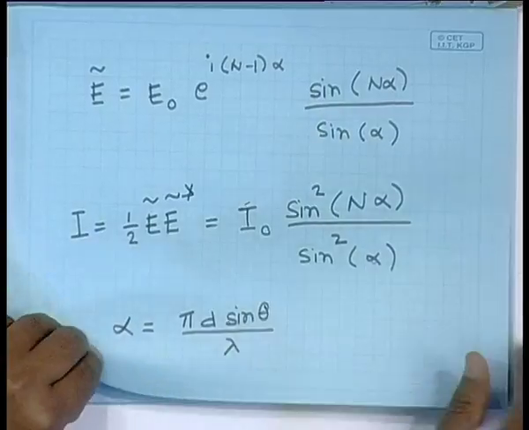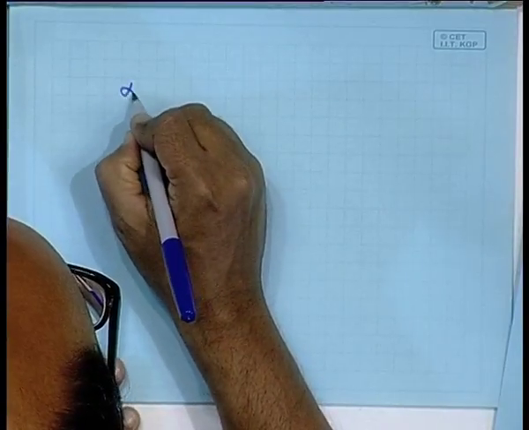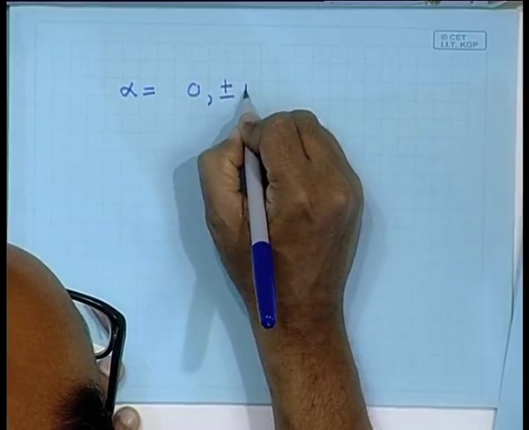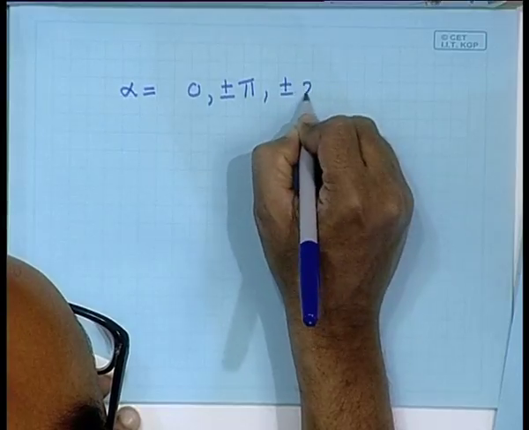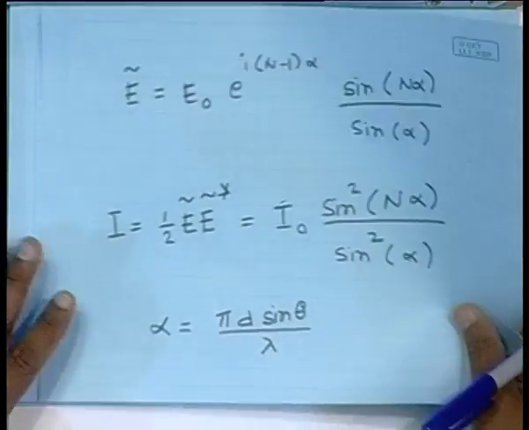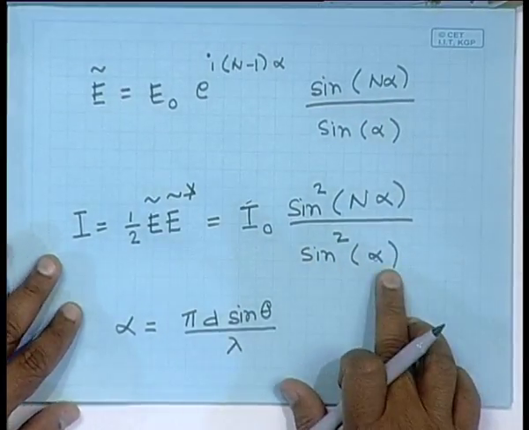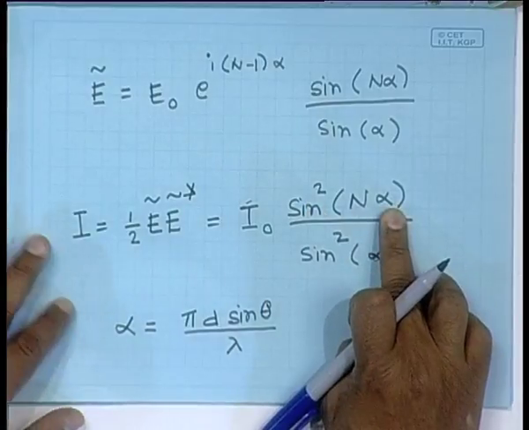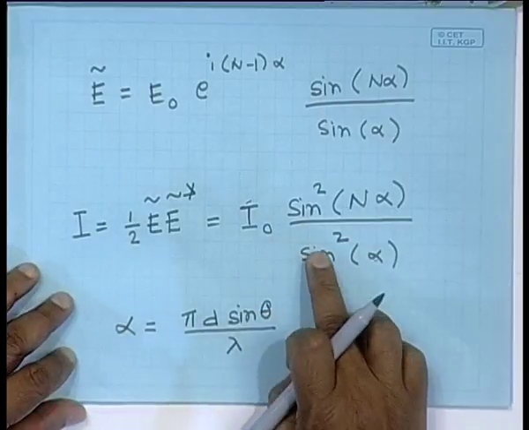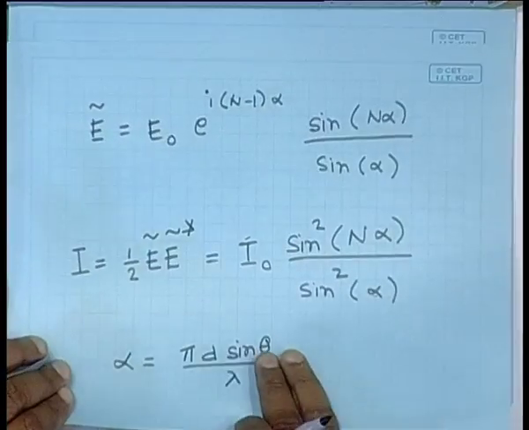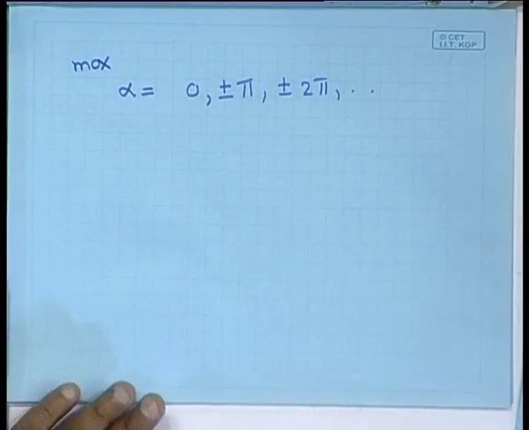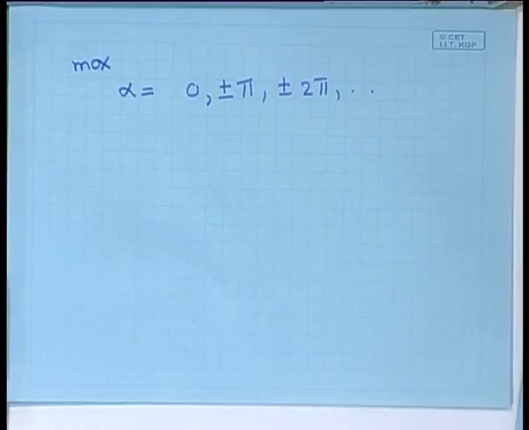So, this happens whenever alpha is equal to either 0 or plus minus pi or plus minus 2 pi, etc. It is also clear that whenever the denominator is 0, the numerator is also 0. So, this ratio becomes n square, and these are the points where the intensity is maximum, whenever alpha is equal to plus minus pi, 2 pi, etc.